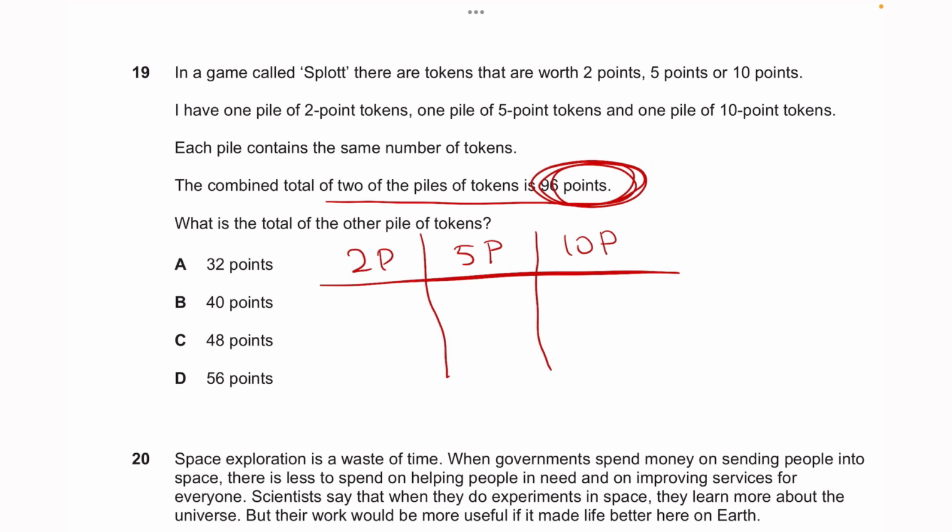So what we've got to do is think of combinations that get to 96, but it's also got to have the same amount, okay? So thinking about it, we can use algebra to work this out.